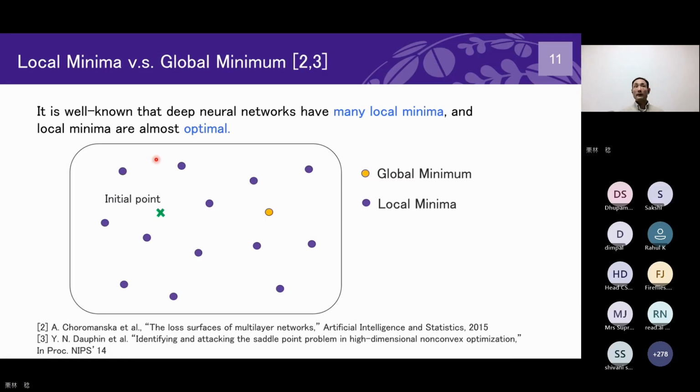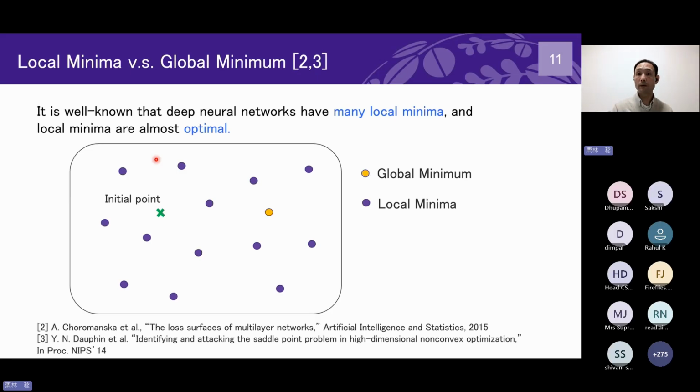So the effect of embedding watermarking in the training phase can be interpreted as the following explanation. At first, we think about the local minima and the global minima. It is well known that deep neural networks have a lot of parameters.